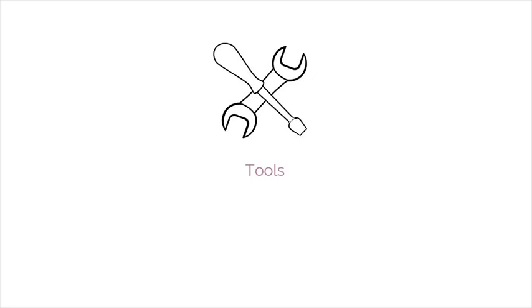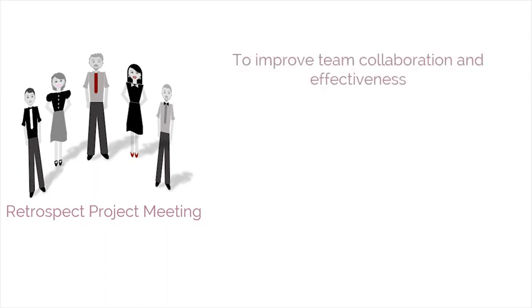Now, tools. The major tool involved to facilitate the process is the Retrospect Project Meeting. The Retrospect Project Meeting is a meeting to determine ways in which team collaboration and effectiveness can be improved in future projects. Positives, negatives, and potential opportunities for improvement are also discussed.